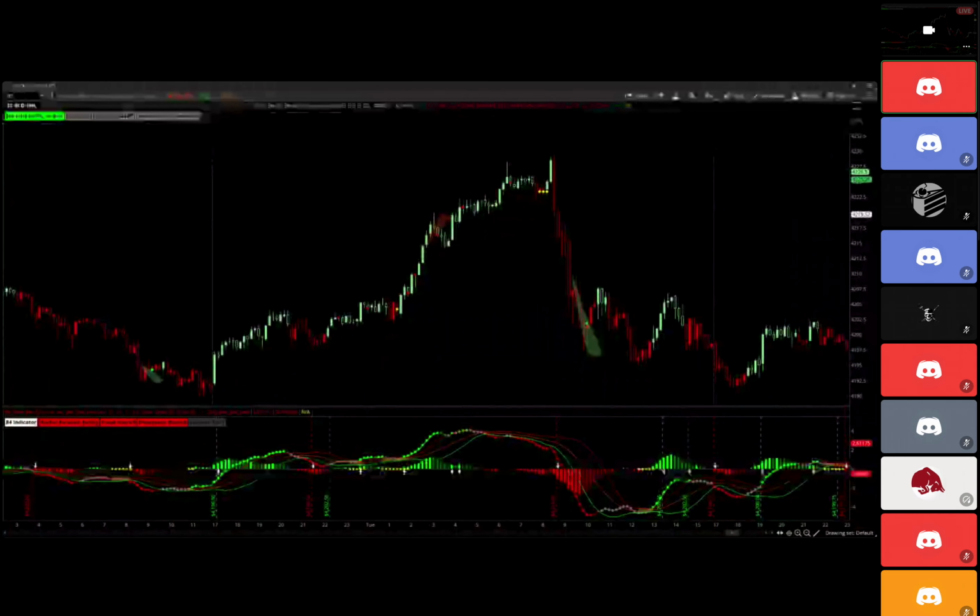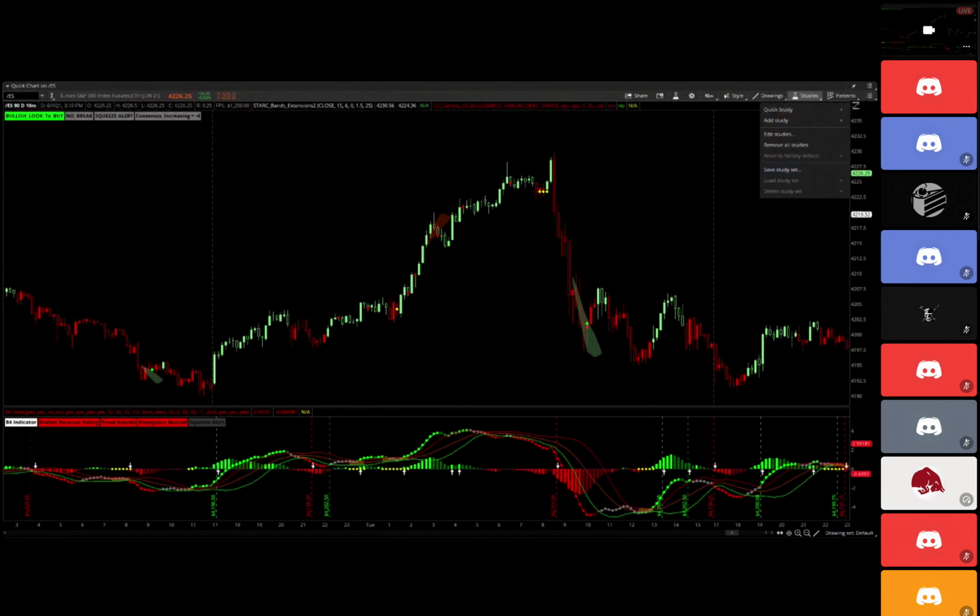So what is it that was missing? Well, that's when it occurred to me that I'm only identifying the near-term trend. And with that being the case, I had to try and figure out a reasonable way of indicating the intermediate trend. What would that be? What would that look like?